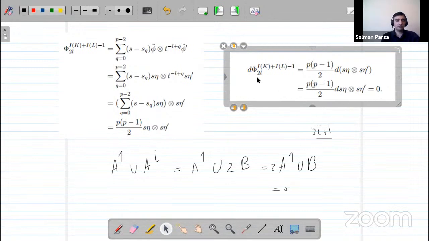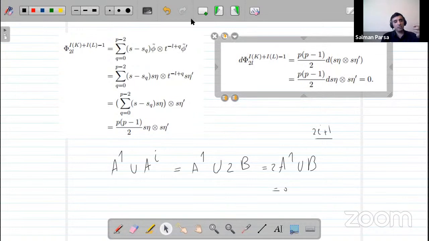And so the actual chain will be 0, and therefore its cohomology class is also 0. And now this shows that whenever you have obstructions which are 0 modulo 2 in both K and L, then in the join complex, going back to the original K and L, the obstruction to embeddability vanishes.